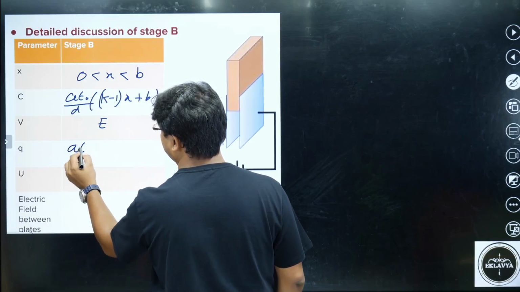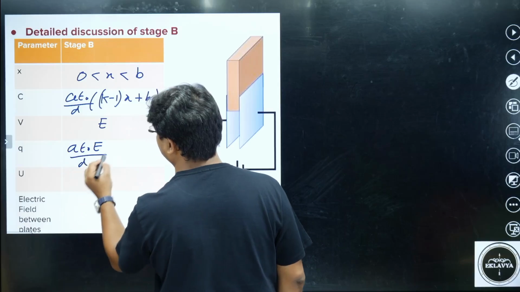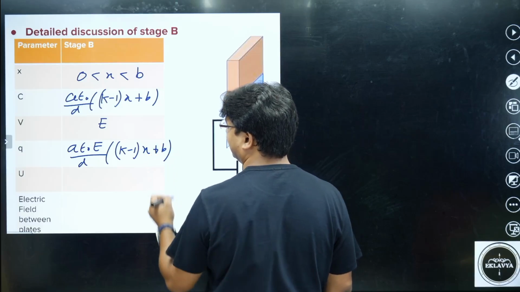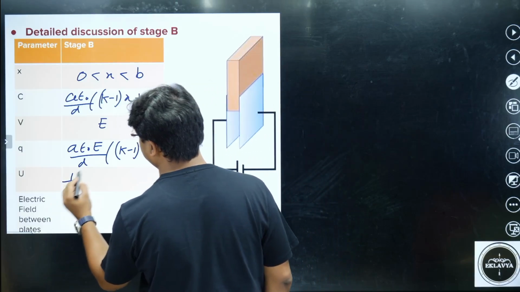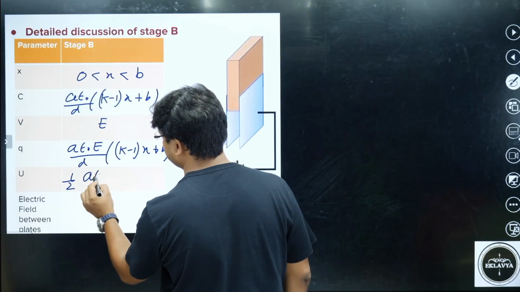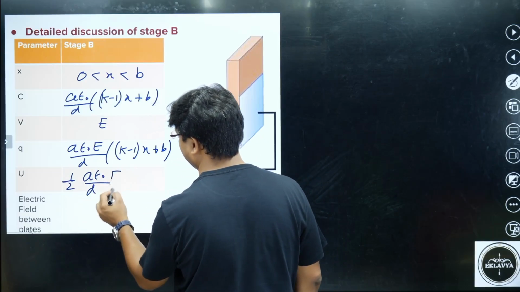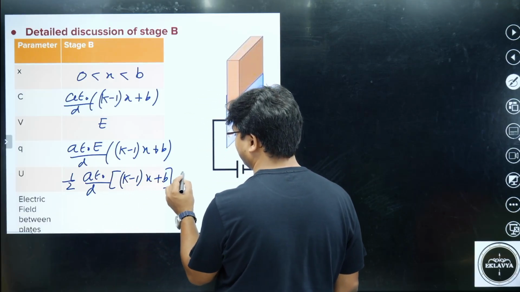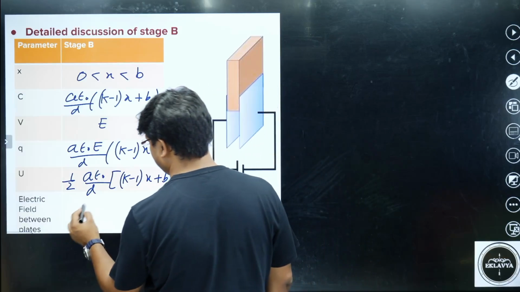So it would be A epsilon naught E by D and then K minus 1 into X plus B. Okay, the energy would be half C V square. So half A epsilon naught by D and then K minus 1 into X plus B and then E square. Okay, electric field will still be the same.